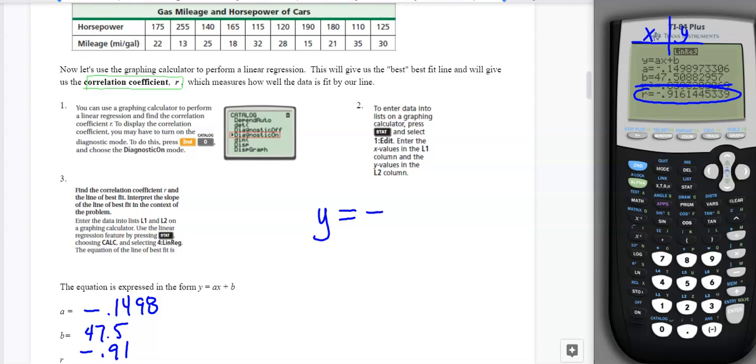If we wanted to round that, we could round that negative 0.149 to maybe 0.15 x. And then our y-intercept is b. Maybe we just use 47.5. So that's pretty doggone close to what we did by hand. But this is statistically super accurate. This is the best possible line we could have drawn.